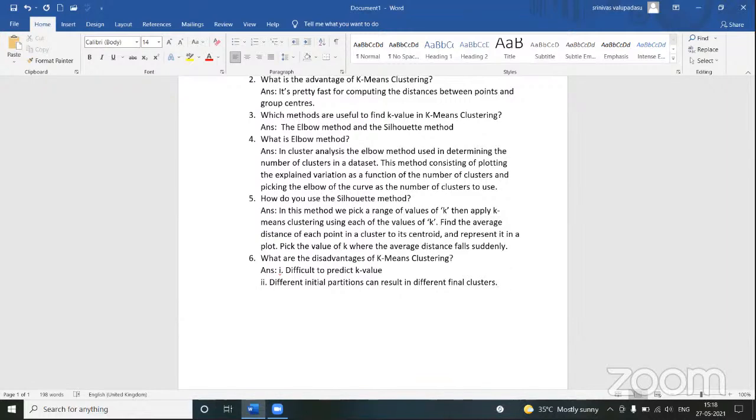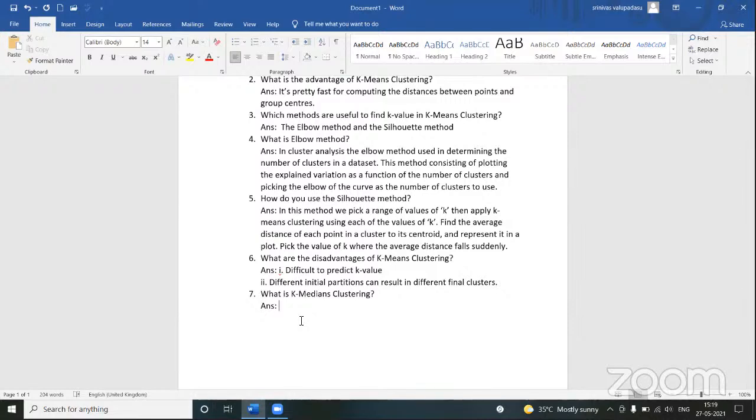Next question. What is K-medians clustering? K-medians clustering is a cluster analysis algorithm.